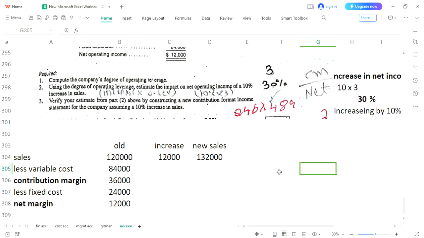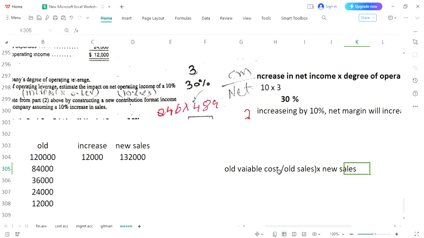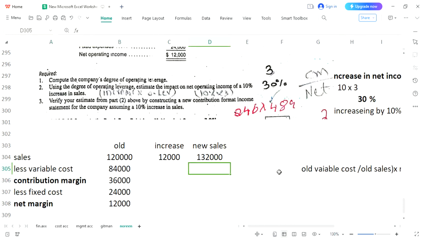Okay, without is equal to we are writing, you will use old variable cost and you will divide it with old sales and will multiply by new sales. Okay, this is your formula and you will apply over here.